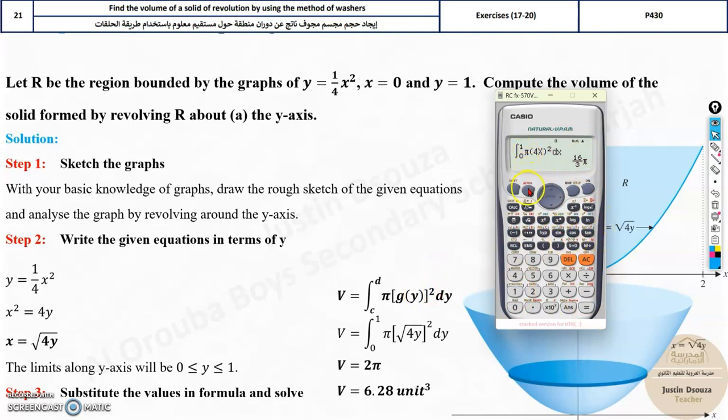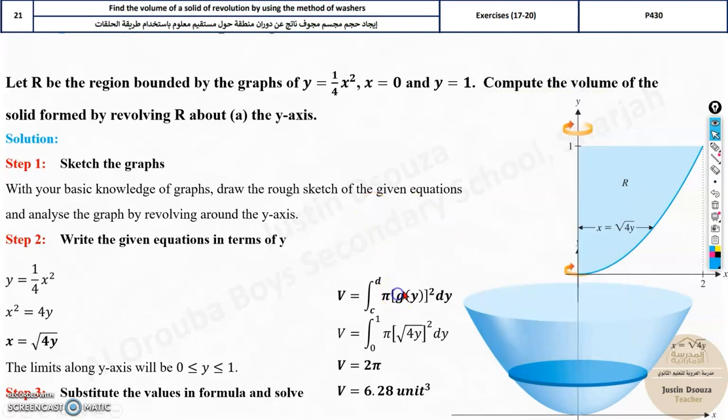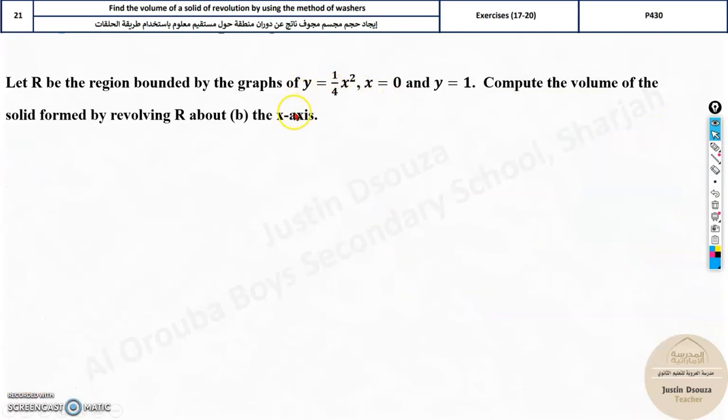What did I do wrong over here? I forgot to write the square root. That's so silly of me. So when you write the square root and the square, it just cancels off, so I'll just remove that altogether. The answer is 2 pi, 6.28. That's it.